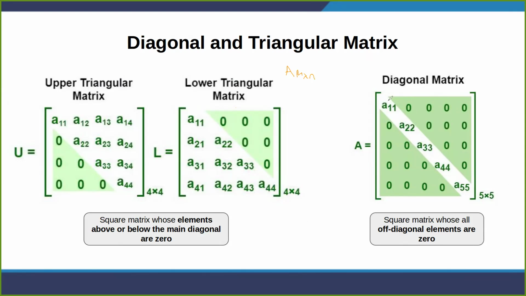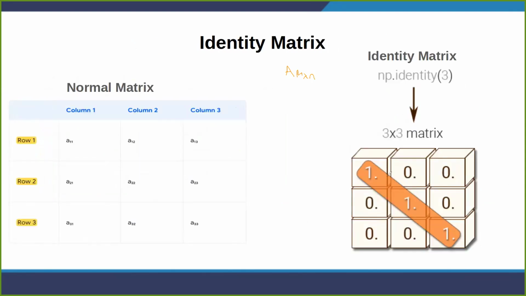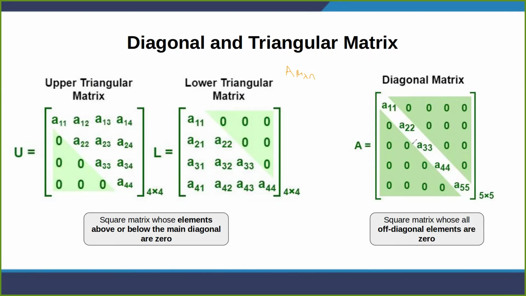In a diagonal matrix, whatever you can write on the diagonal, A11, 22, 33, but the rest is just 0, 0, 0. So you can say that the identity matrix is also a diagonal matrix, but you can't say a diagonal matrix is an identity matrix. That is not vice versa true. So this is a diagonal matrix.